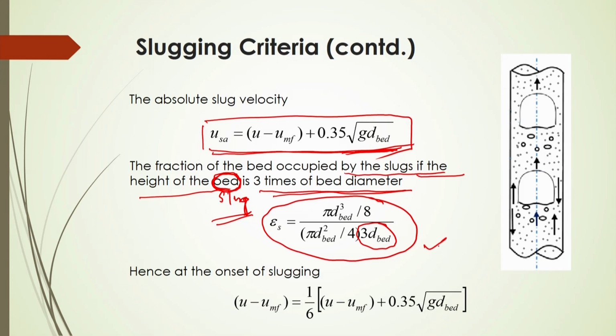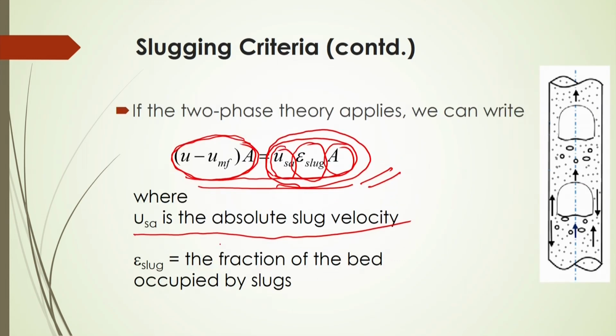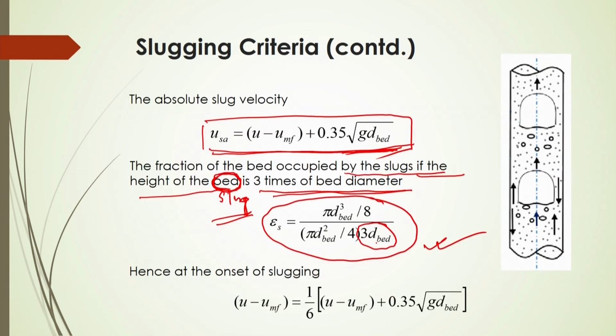In this case, for the slugging criteria, if you substitute this epsilon_s in the previous equation, then you will be able to calculate the absolute slug velocity.